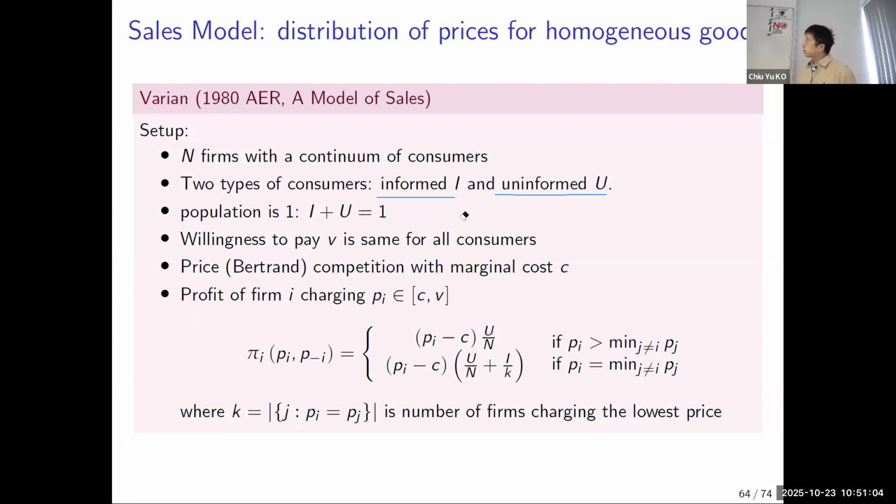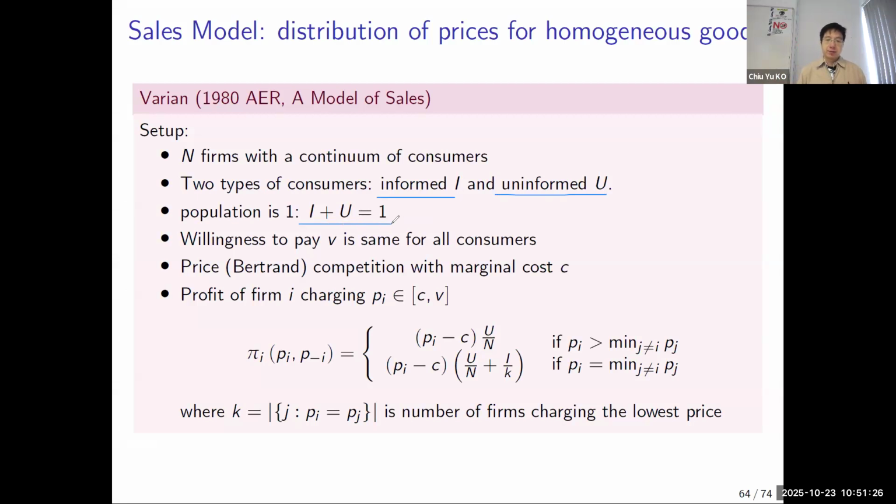Uninformed are the consumers who have very high time cost or who are not sophisticated. Of course, there should be something in between, but you just make the model simple. I mean, you can extend the model to allow consumers with different costs of acquiring information, but that is a technical point anyway.